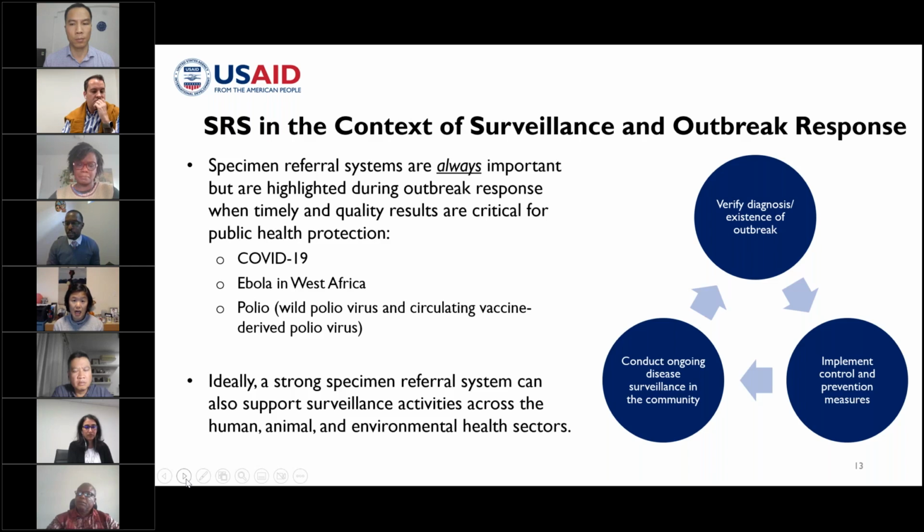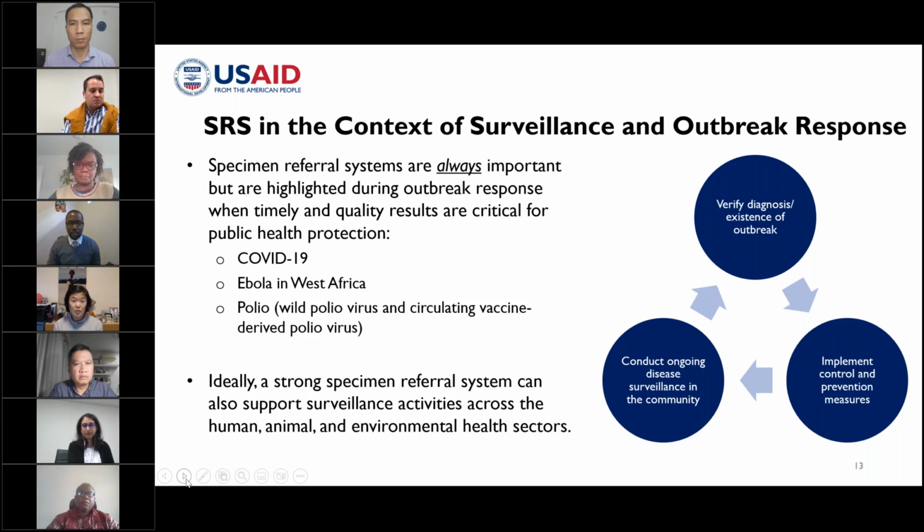We're also seeing how important specimen referral is during some of the current polio outbreaks that have been happening in Southern Africa currently and across the world. So it's very important that specimens are referred, as Nisha was mentioning before, to where the more centralized testing is available, and that this happens as quickly as possible and in a quality controlled manner.